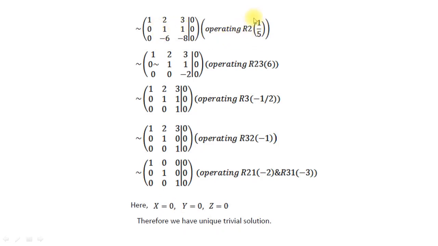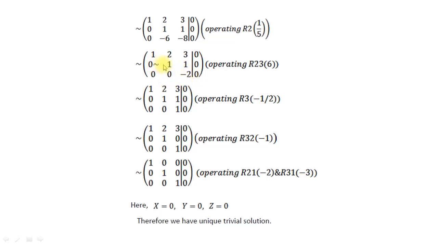We obtain 1 2 3 0, 0 1 1 0, 0 minus 6 minus 8 0. Now multiplying the second row by 6 and adding the result to R3, we obtain 1 2 3 0, 0 1 1 0, 0 0 minus 2 0.